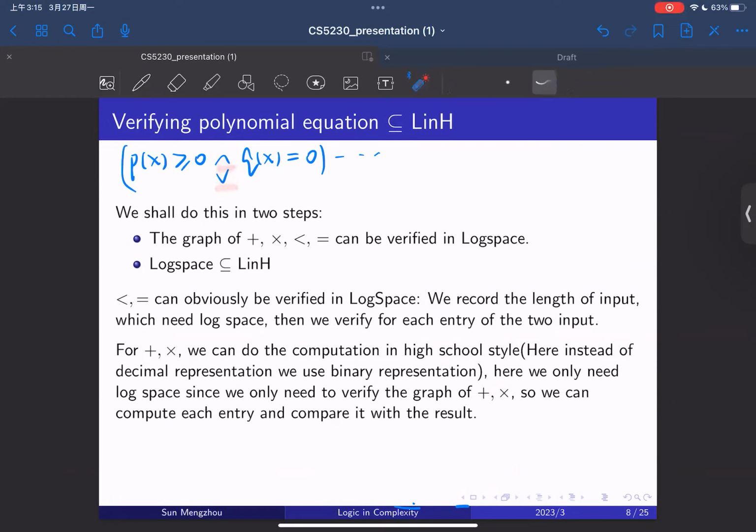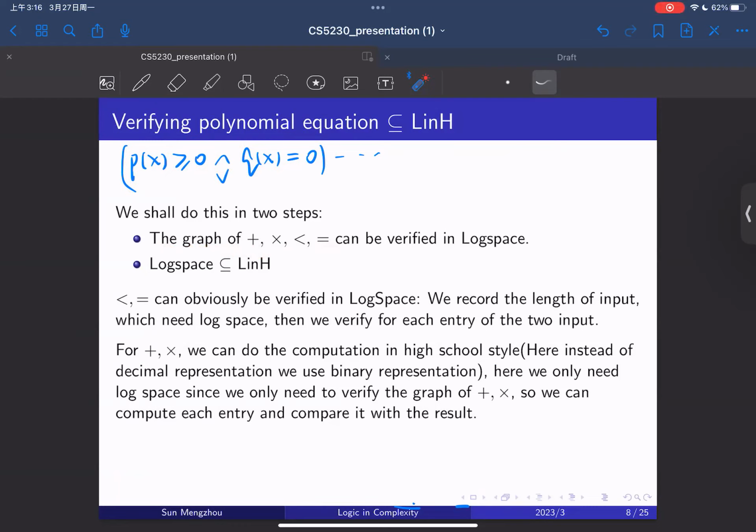Because all the connectives can be easily computed in the linear hierarchy. So what we need to do is to show that these predicates can be computed or verified inside the linear hierarchy.